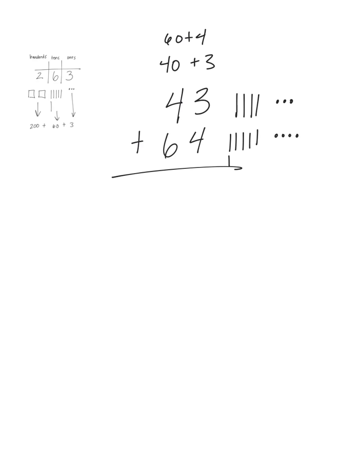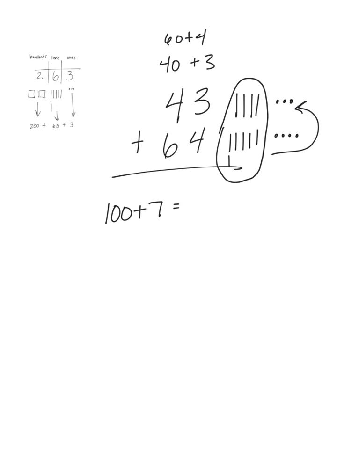I just start by counting how many ten sticks I have. Well, I know that I have 6 here, and I can count on 7, 8, 9, 10. Well, 10 sticks is 100. I can write that down. And then I add up my ones, and I know I have 4, and 3 more is 7. Now, you could look at that and know that it's 107, but remember, we are trying to understand place value, not get our answer.